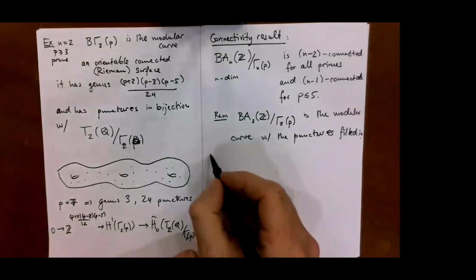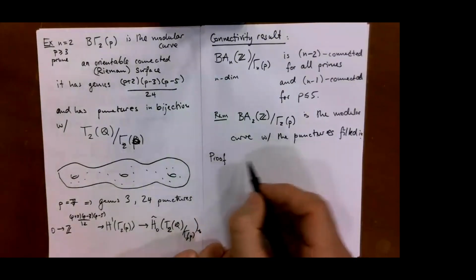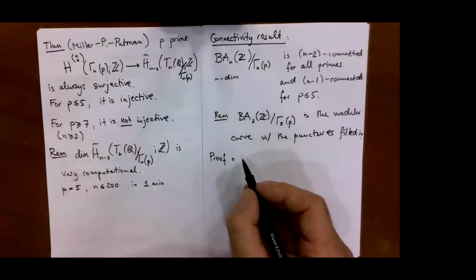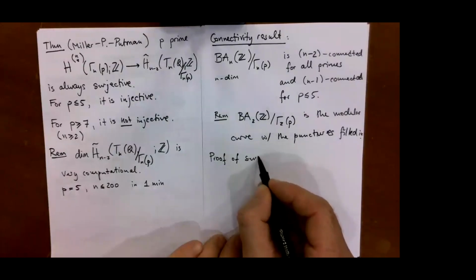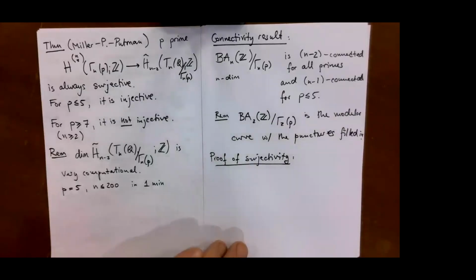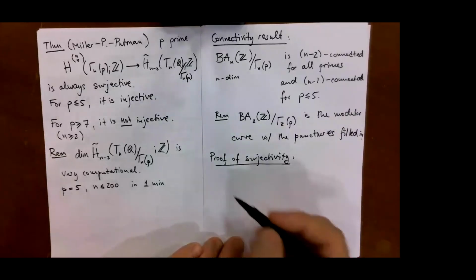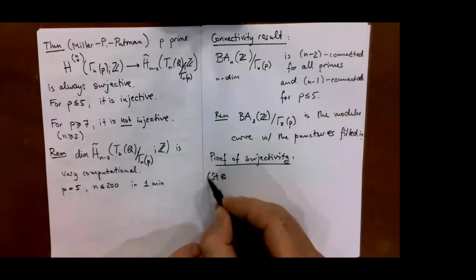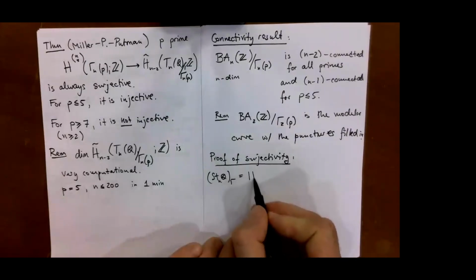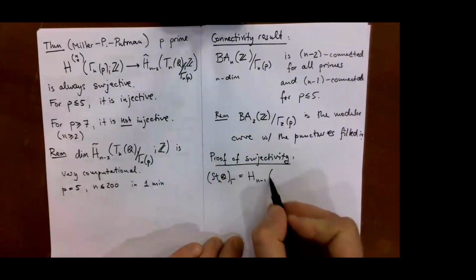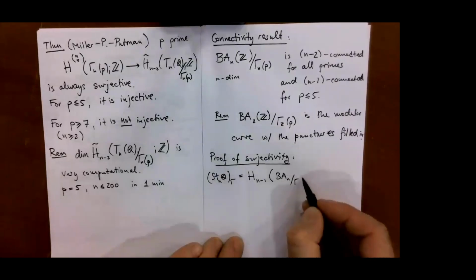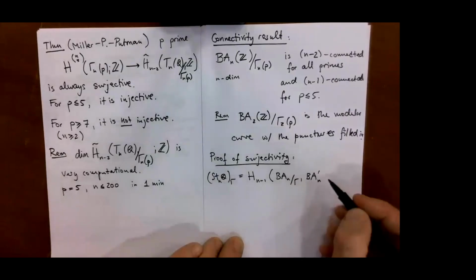All right, now I will take this off so we can see this result. Let me first show surjectivity. We do know already that Steinberg Q gamma is equal to the relative homology of BA n gamma, BA n prime mod gamma.